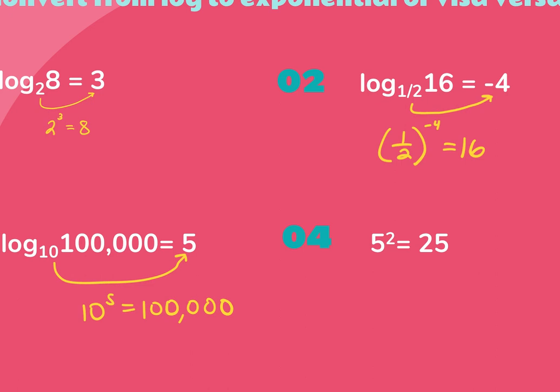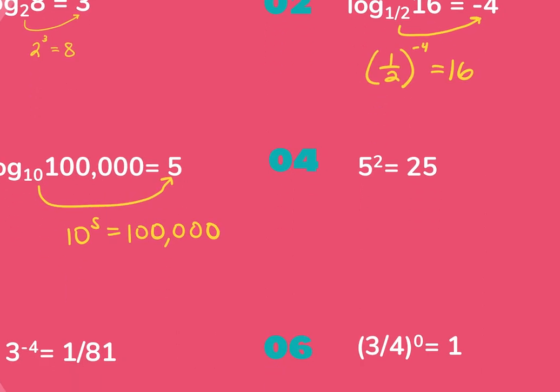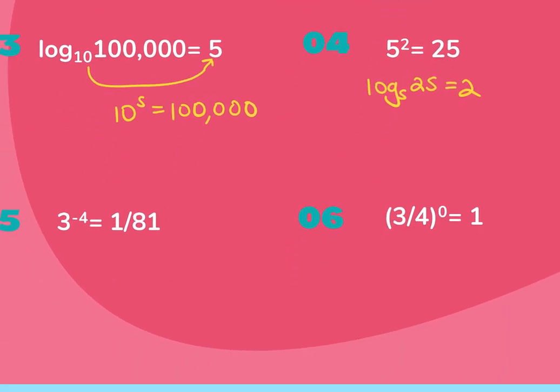Now we go back the other way. So this is the one we just did. 5 to the 2nd equals 25. That's log base 5 of 25 equals 2. Next, 3 to the -4 is 1 over 81.